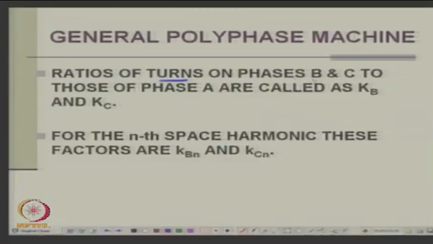Now, we have said the ratio of turns on B and C is Kb and Kc, but for the nth harmonic it may not be the same because there is a winding factor. I hope all of you know winding factor, is not it? Winding factor will depend upon the harmonics, right. So, there will be Kbn, Kcn, due to the winding factors.